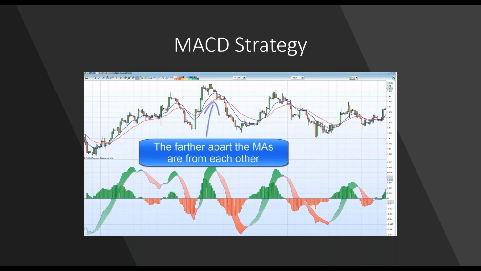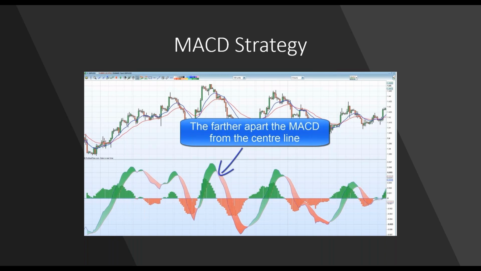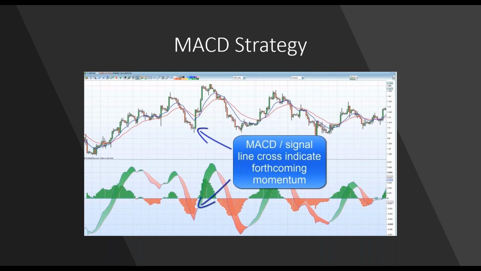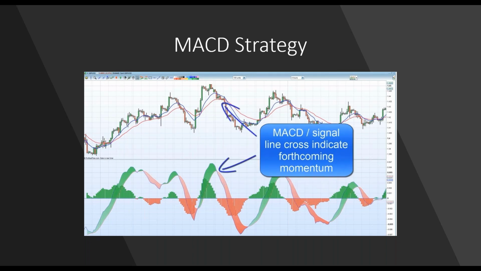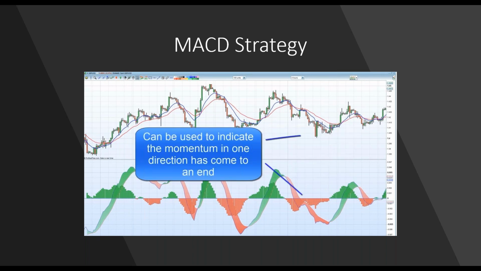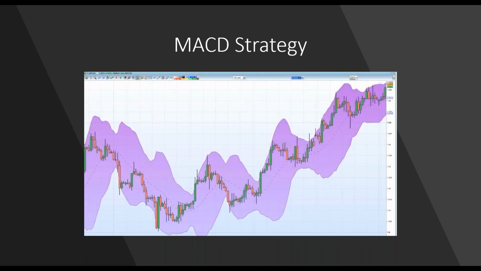The farther apart the moving average is, and the greater the momentum, the farther away the MACD will be from the center line. Traders use MACD and signal line crosses, such as these, to indicate momentum trades. You can see how these crosses often indicate when momentum is coming out of the market and may use it as a signal to exit a trade.